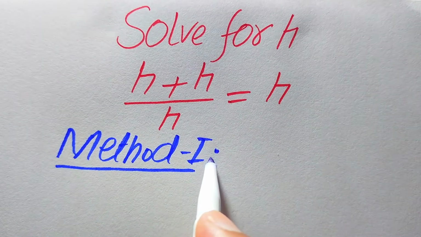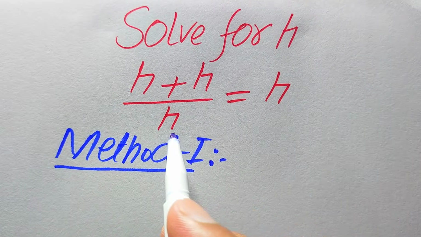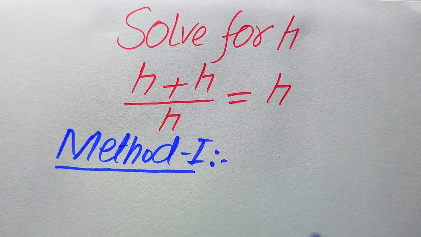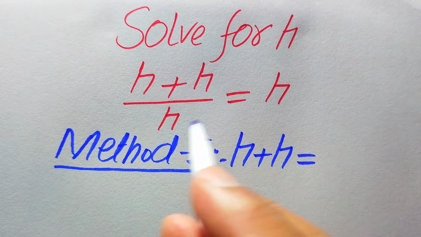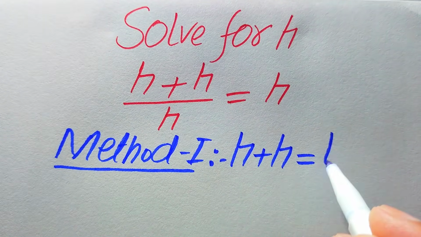So here in the first method we move the term h from the left hand side to the right hand side, and we get h plus h is equals to h times h, as these are multiplied by each other.